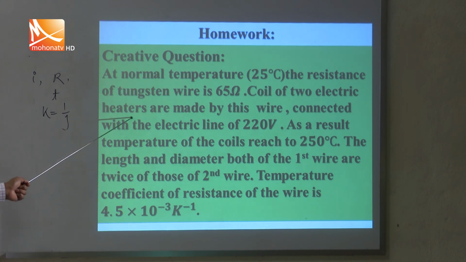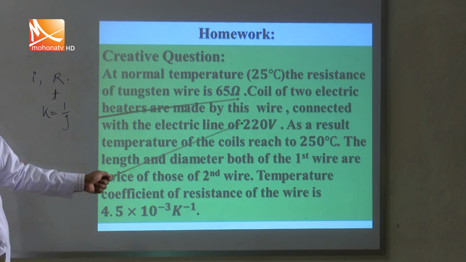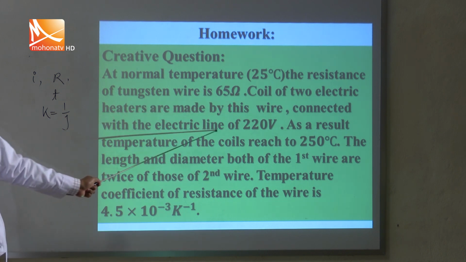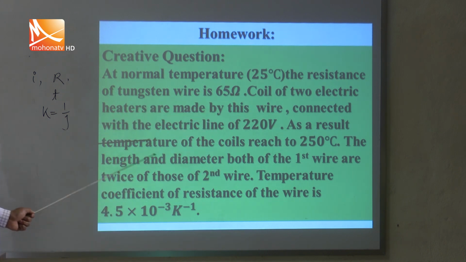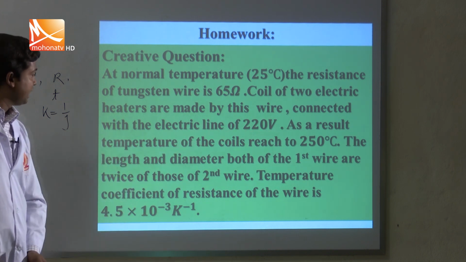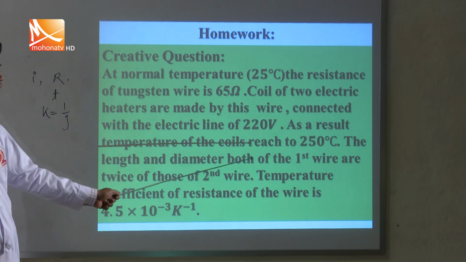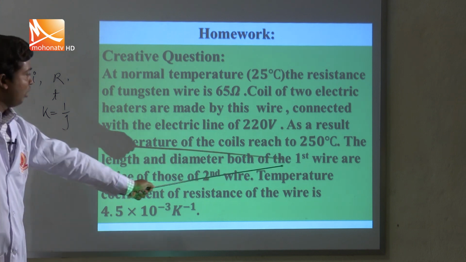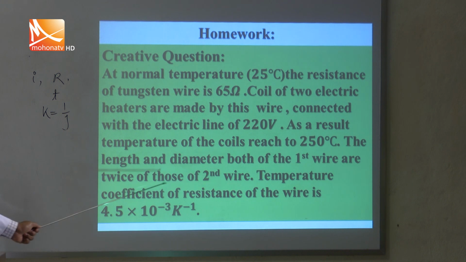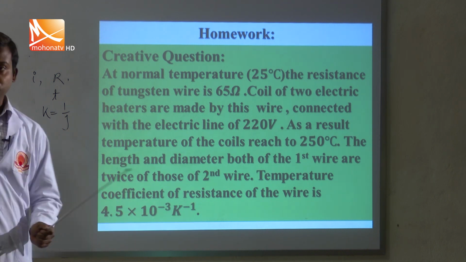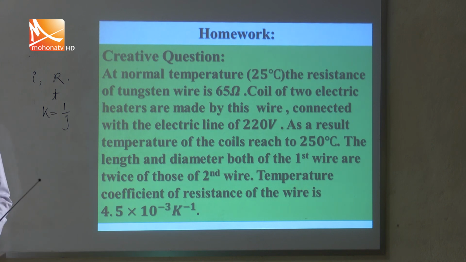Coils of 2 electric heaters are made by this wire, connected with the electric line of 220 volt. As a result, the temperature of the coils reached 250 degrees Celsius. The length and the diameter of the first wire are both twice those of the second wire. The temperature coefficient of resistance of the wire is 4.5 into 10 to the power minus 3.